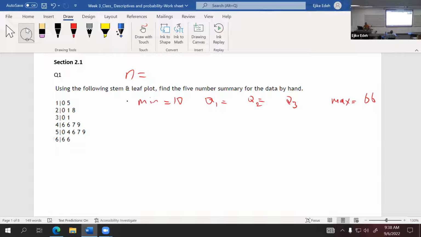Okay, so we have minimum as 10, maximum as 66. So we have 18 items here, right? 18 data points. So the middle of 18 will be 9, isn't it? Okay. So because it's an even number, you're going to take the 9th plus the 10th position, right?